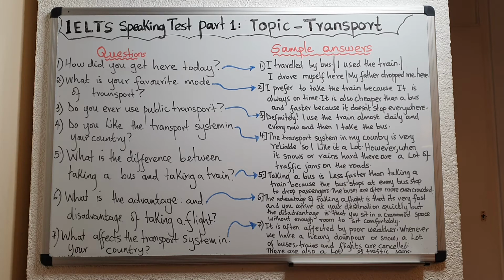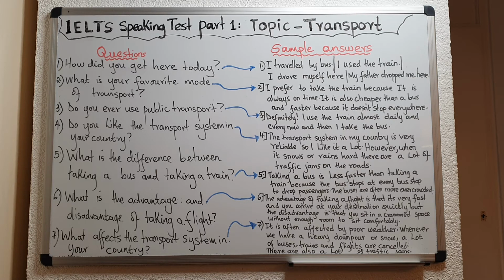Try and provide at least one reason. Okay? That gives you a chance to showcase your vocabulary, but also it gives you a chance to showcase that you have a good command of the English language. So always try and provide an explanation for your answer.